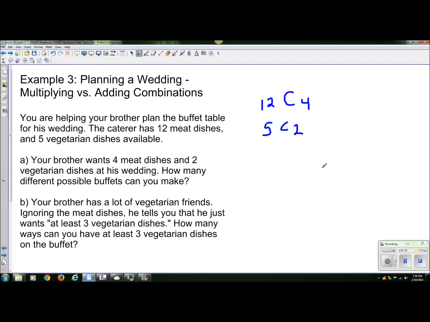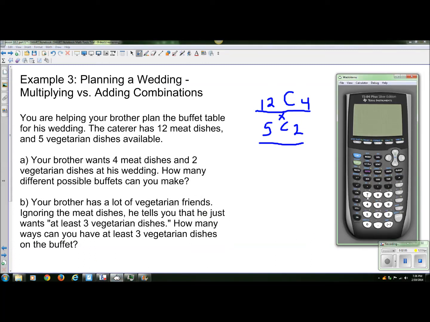So here, we have this number of ways that you can choose meat dishes, and this number of ways that you can choose vegetarian dishes. So the number of ways that you could choose both meat and vegetarian dishes together is just this times this, right? 12 choose 4 times 5 choose 2, which, again, we'll pull up our calculator for.